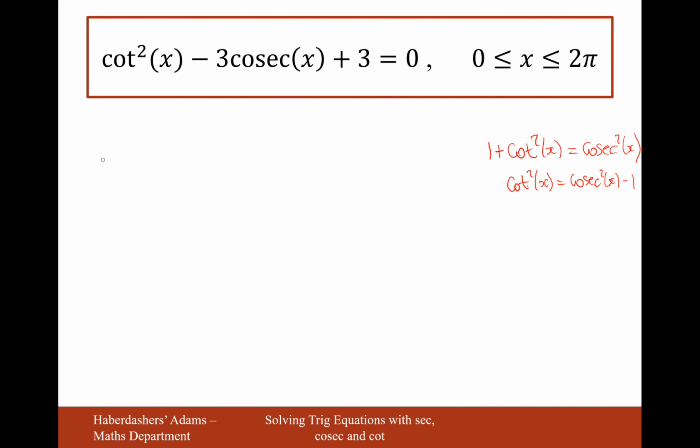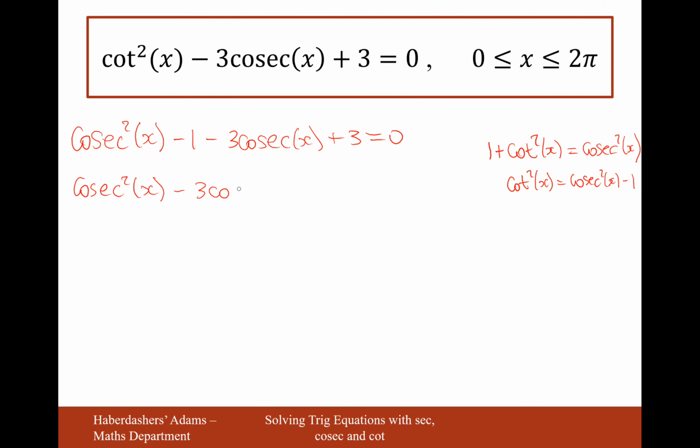So replace cot squared with what it's equivalent to, cosec squared x minus 1, minus 3 cosec x plus 3 equals 0. Just rearrange this to make it look more like a quadratic. Plus 2 equals 0.